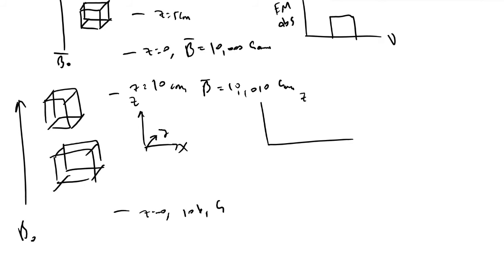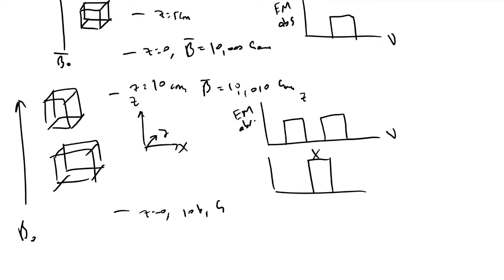So in the z dimension, we'll get two blocks, in two different sets of frequencies, in two ranges of frequency values, we're going to have electromagnetic absorption of our radiation, our Larmor frequencies, and in the x dimension, we will have a big single range of absorption of our EM radiation.